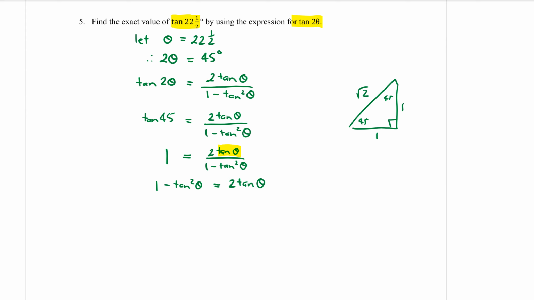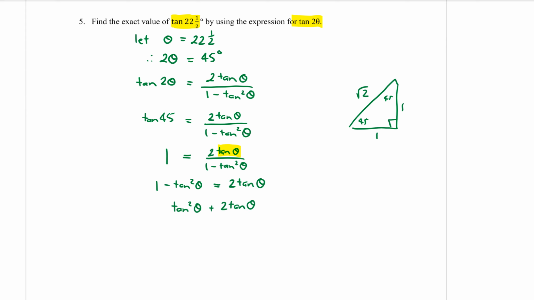Now, believe it or not, this is actually a quadratic because we have a tan squared, a tan, and a constant. So let's put them in order. I want my squared term to be positive, so let's move it across to the other side. So tan squared theta, making it positive. Imagine that's going over to the right side. And I already have the positive 2 tan theta there.